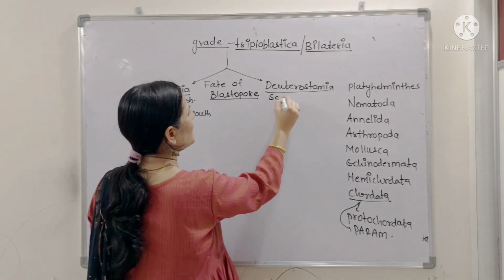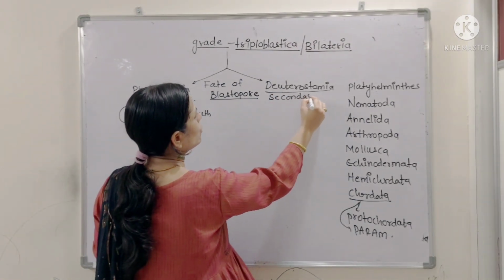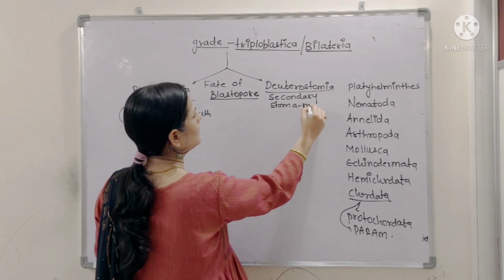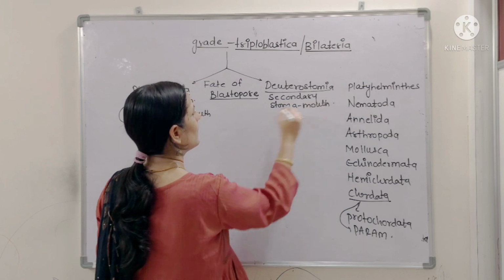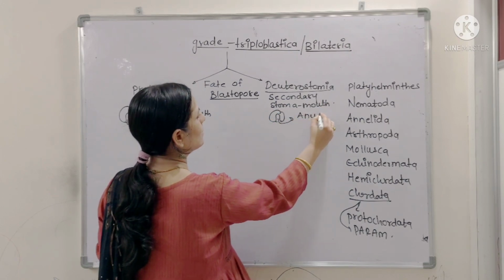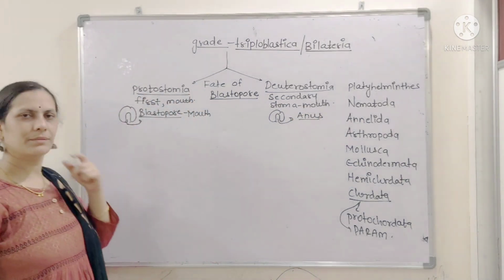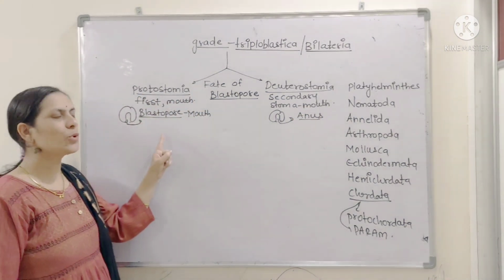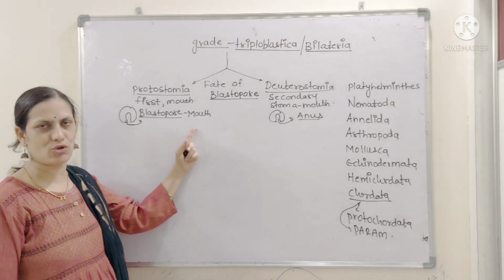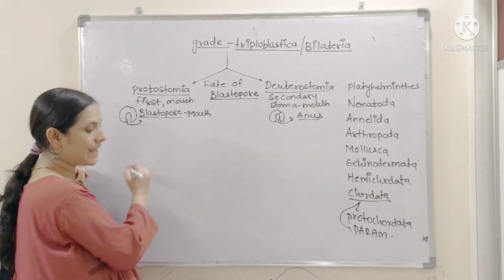Deuterostomes, deutero means secondary, stoma means mouth, blastopore developed into anus. So here, what are protostomes there? Animals in which blastopore is developing into mouth. Okay. So what are the examples here?